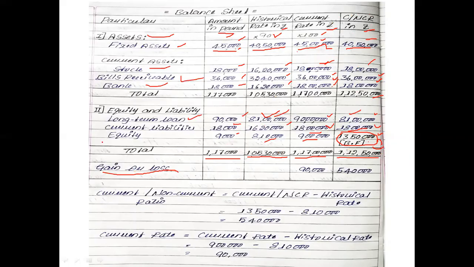To find it, we take the equity value, or equity shares plus reserves, and compare the current and non-current equity value to the historical one. At the current and non-current rate, 13 lakh 50,000 minus the historical rate of the equity, 8 lakh 10,000, gives 5 lakh 40,000.